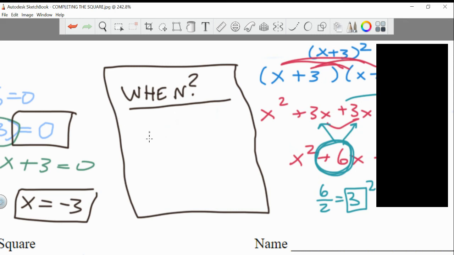Completing the square is like a perfect case scenario. Step number 1, when you can't factor, because factoring would be easier, for sure. Step number 2, when b, that's that middle number with the x, is even. Because if we're going to chop b in half, we want b to be even.